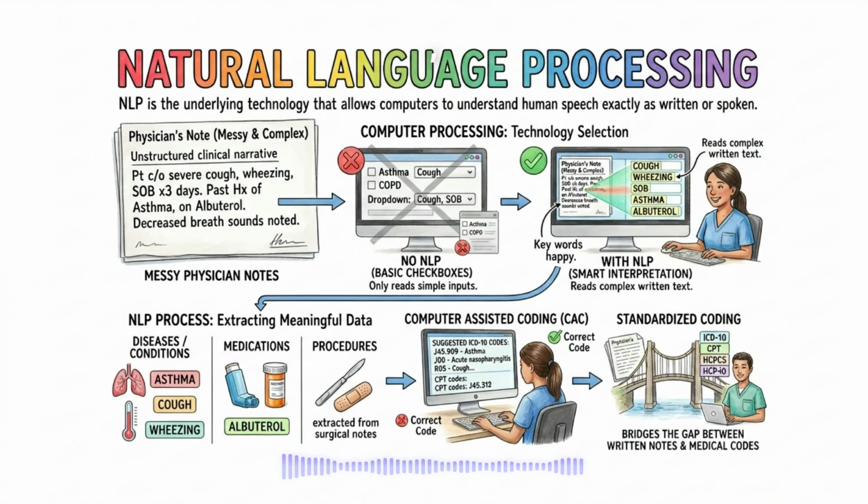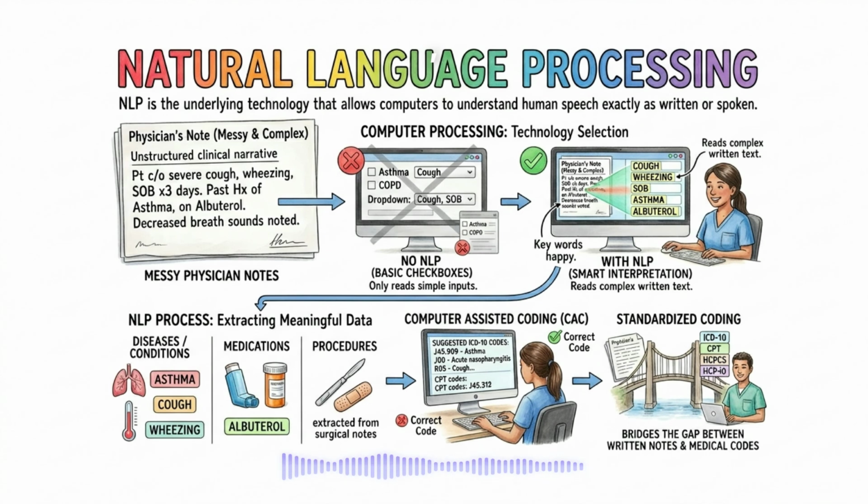In healthcare, NLP allows computers to read complex, messy physician notes and extract meaningful medical data like diseases, medications, and surgical procedures. Without NLP, computers could only understand simple checkboxes or drop-down menus.